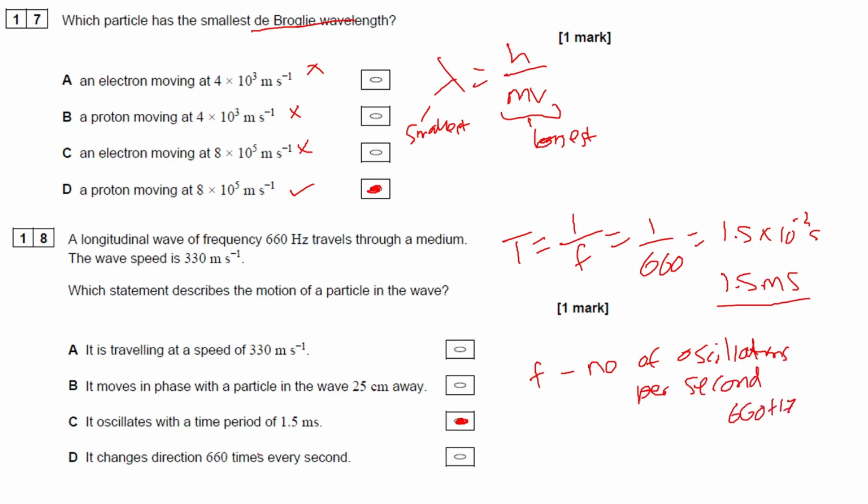But we know in an oscillation, it will change direction when it gets to the top, and then change direction again when it gets to the bottom. So it's actually 2 changes in direction per oscillation, so the actual number of changes is twice the frequency. Okay, so it can't be D.